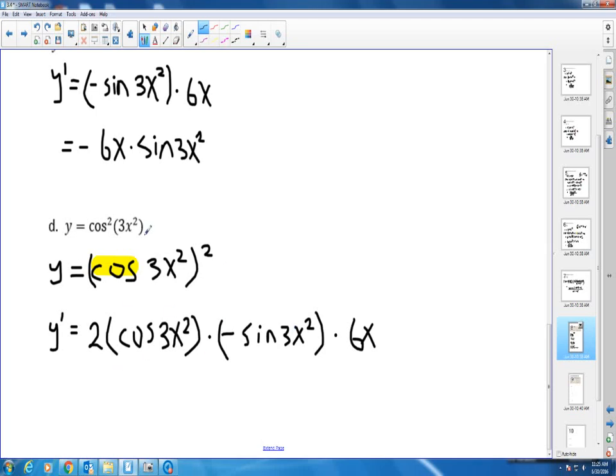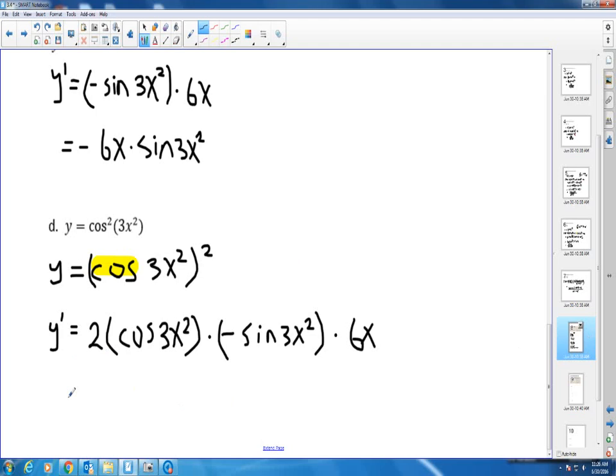Alright, so back to the top. At the very beginning, I get the derivative of the outside of the inside, then times the derivative of this entire inside. Now this inside is actually cosine, the outside function, so we say the derivative of the outside, give me this, of the inside, times the derivative of the actual inside, 6x.